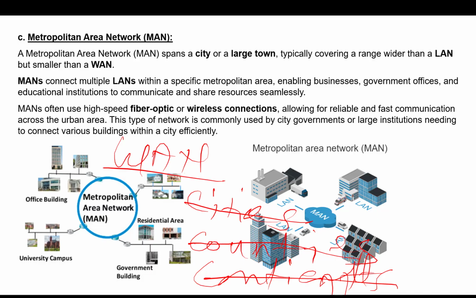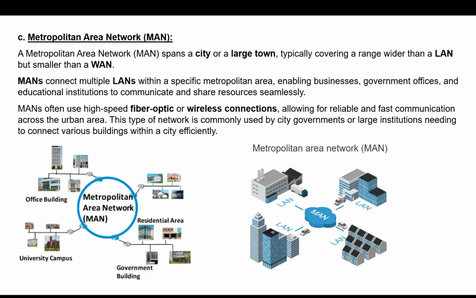Now, MAN, which is Metropolitan Area Network. We'll give you an example so you understand the Metropolitan Area Network. For example, think of a city council. Like the Freetown City Council, it means that person is responsible for Freetown.